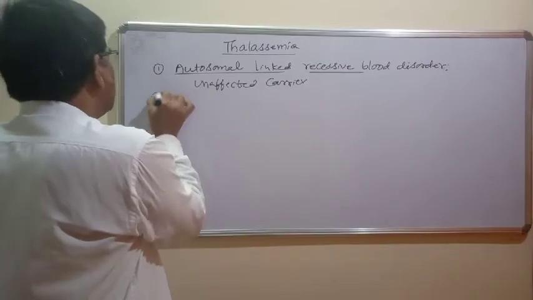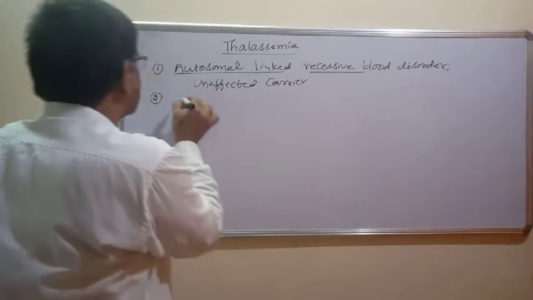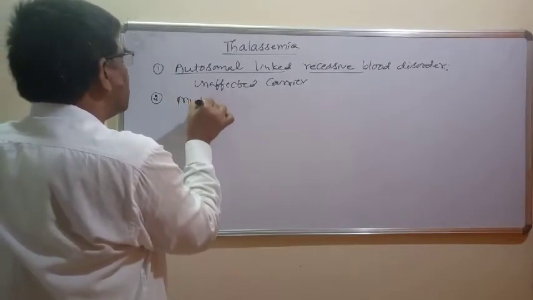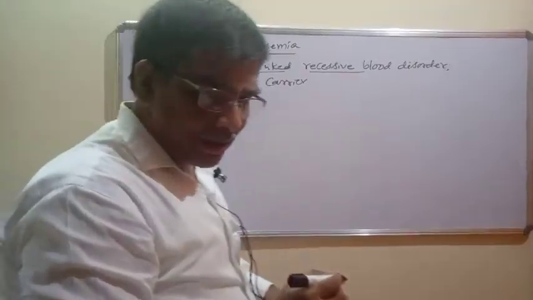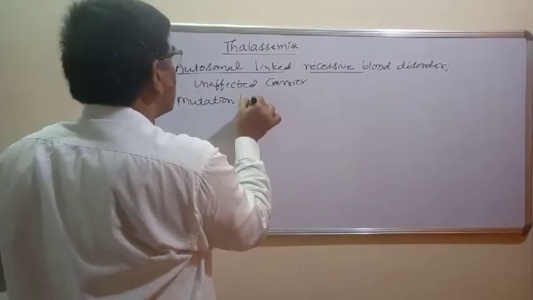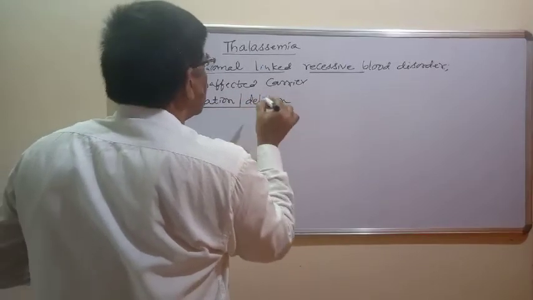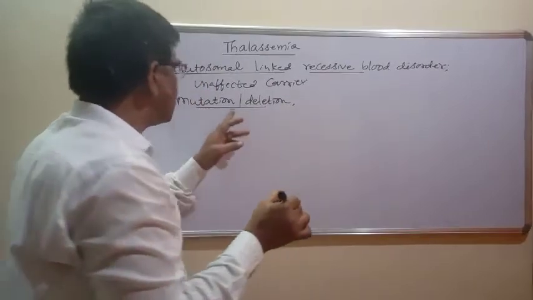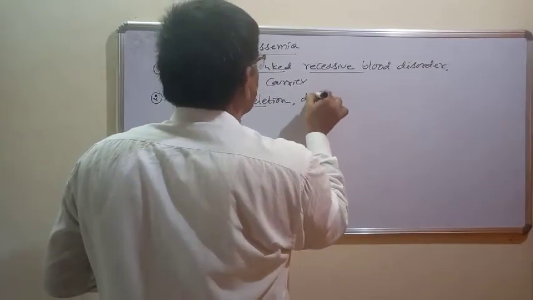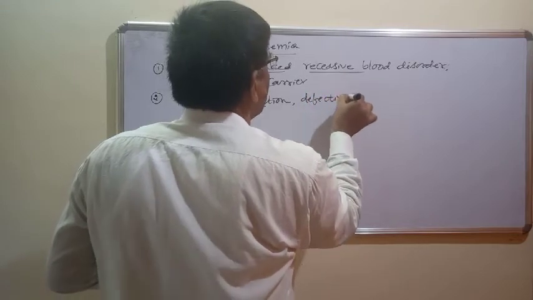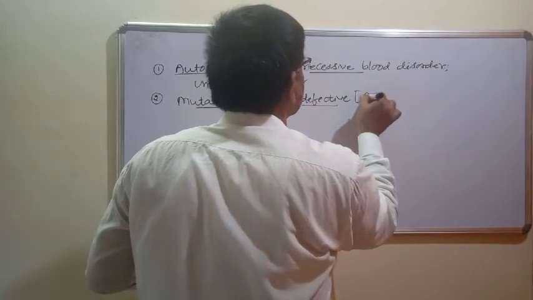You have to understand here, the disease is mainly caused because of the mutation of the gene, or a deletion of genes, loss of a gene. Because of this loss, deletion or mutation of genes, a defective hemoglobin is produced, or a reduced rate of synthesis of hemoglobin takes place.